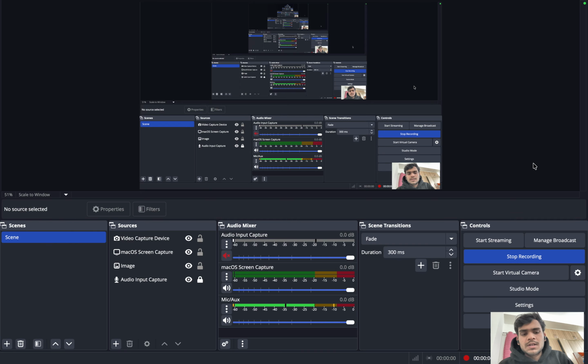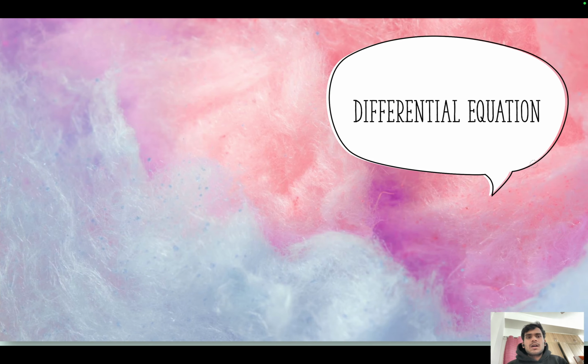So what is the differential equation? An equation in which at least one term contains dy by dx or d2y by dx2 etc. is called a differential equation.